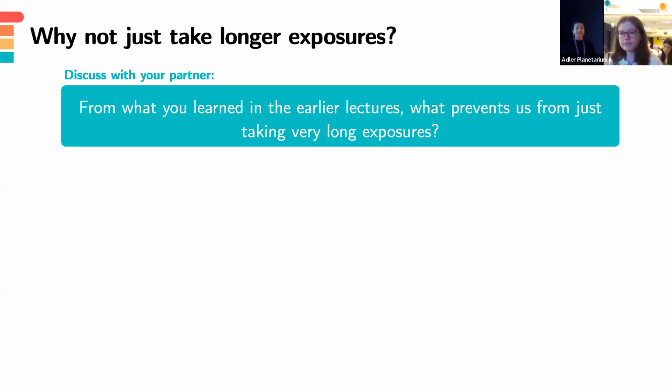What else? Yeah? Sources might change. Yeah, that's great. So there's astrophysical variation in sources that we also want to measure. If we just expose for 10 hours, we're going to essentially integrate over a lot of that change. Yeah. You might saturate if you have too many electrons in the pixel. Yeah, that's great. I'm not sure if you already went over saturation in CCDs. Everybody's nodding. Okay, yes, that's a great example.